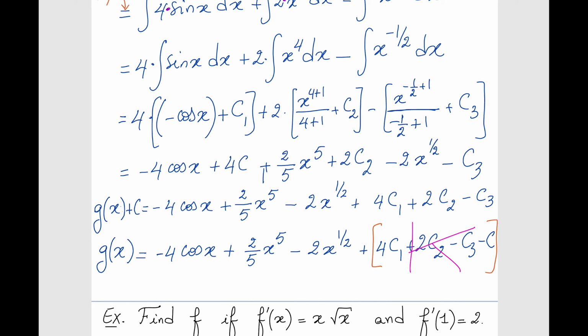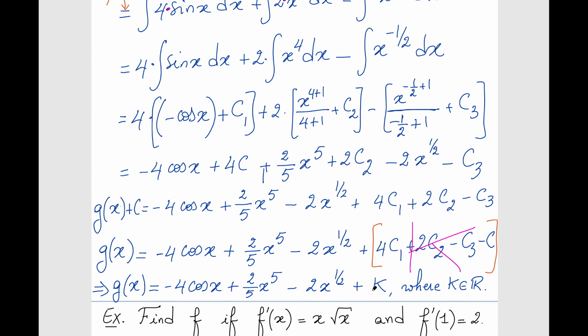The whole thing, I'm going to call it K. Make sense? So I'm going to write my final answer, Gx. So Gx, the desired thing, is minus 4 cosine x plus 2 over 5 x to power 5 minus 2x to power half plus this package, which I labeled as k because it is an arbitrary thing, where k is an arbitrary constant.